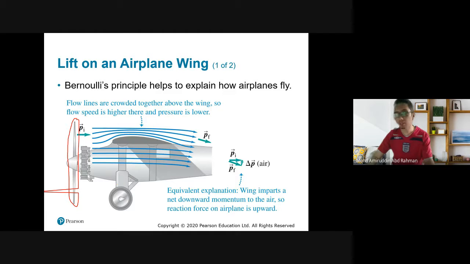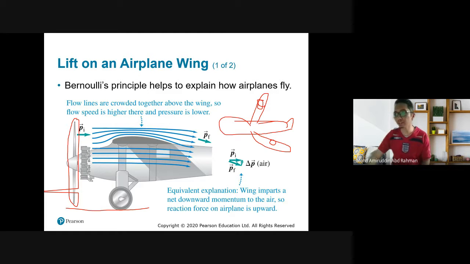For that kind of plane, the fan is located somewhere around there, not here. This is just for a small part.